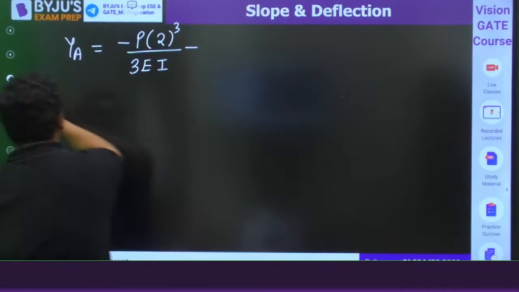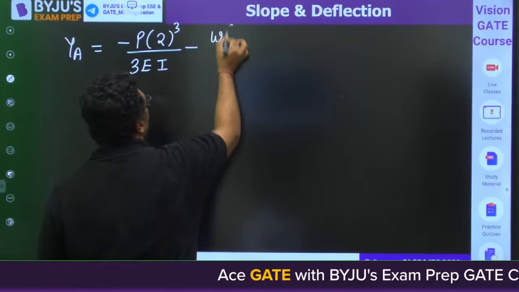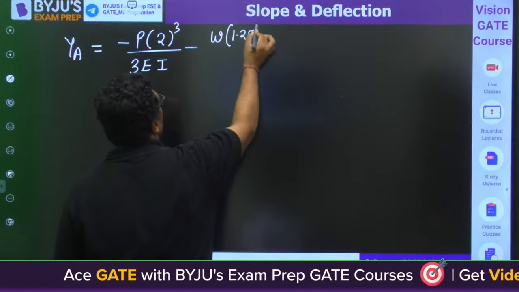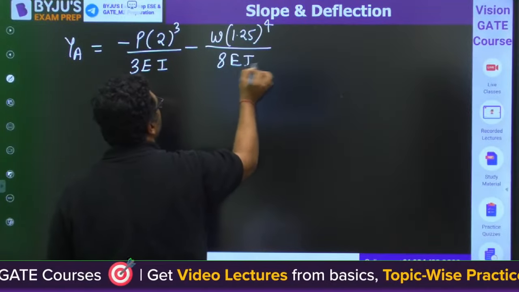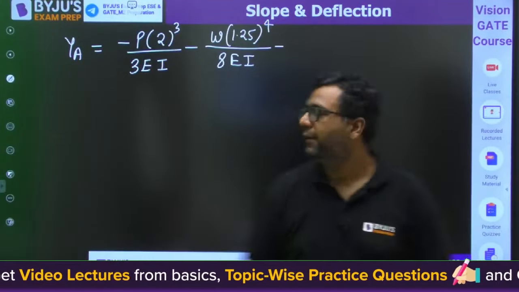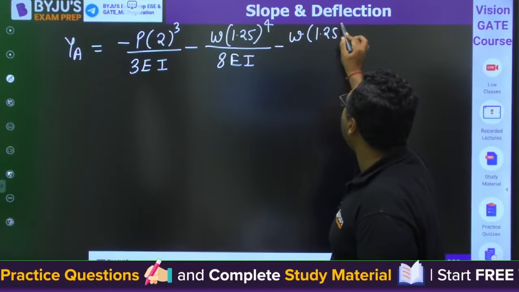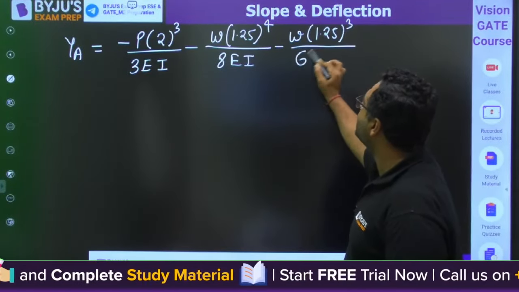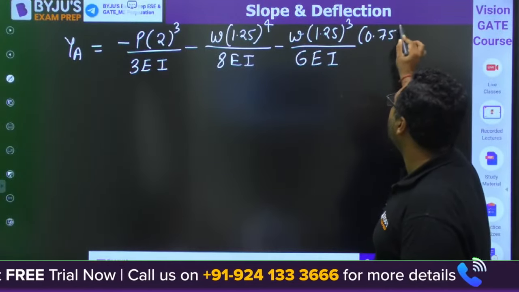So minus WL to the power 4 upon 8EI, with L as 1.25, minus WL cube upon 6EI into 0.75.